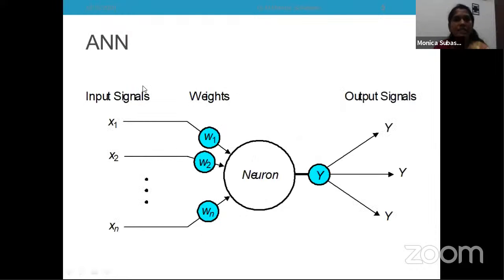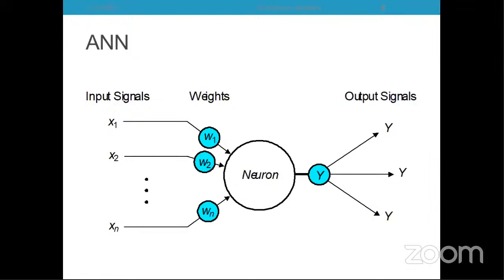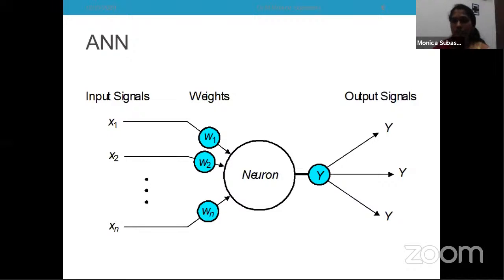So let me represent an ANN here. N number of input signals are received by the cell body, or neuron. The specialty is that you need to assign individual weights for each and every signal. Say I want to give importance to one of my relatives.